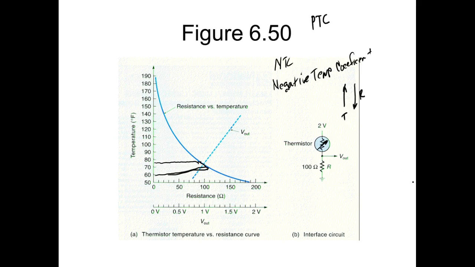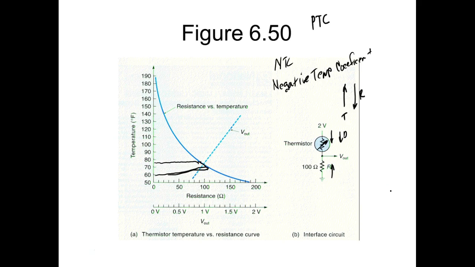But it doesn't make any difference. What we have here is that when temperature goes up, this resistance goes down. This resistance right here is the same. So if this goes down, it's going to drop less voltage, and the voltage drop across here is going to go up, because it has to be the sum of the two.